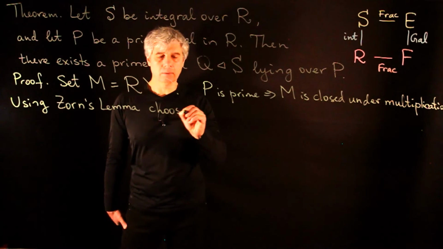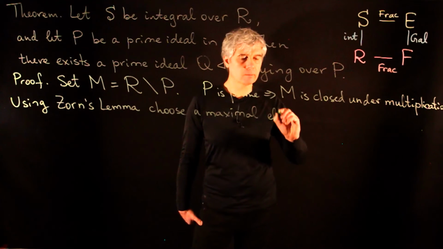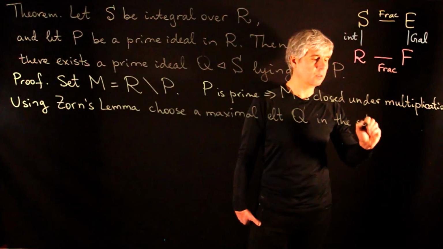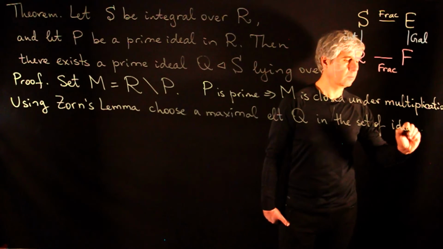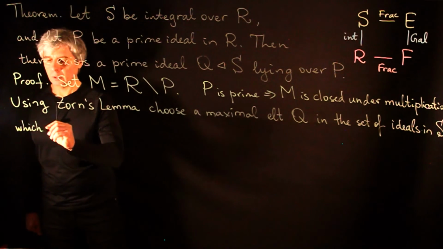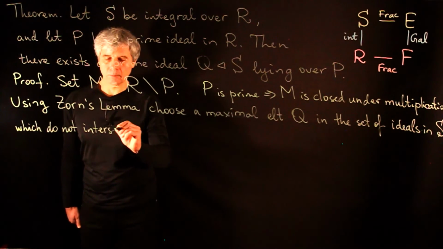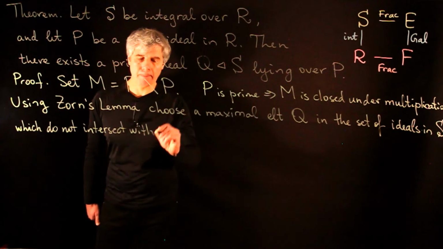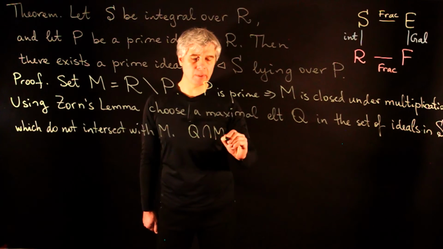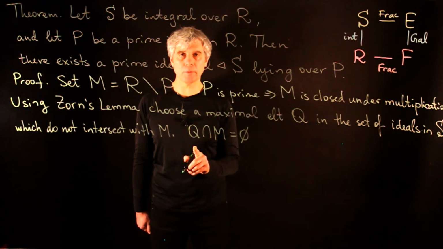choose a maximal element Q in the set of ideals in S which do not intersect with M. So this means that Q intersected with M is the empty set, and Q is maximal among ideals with this property.